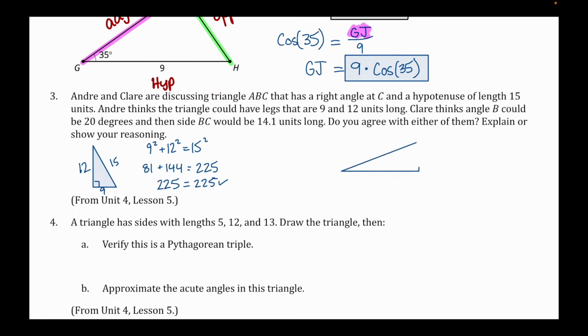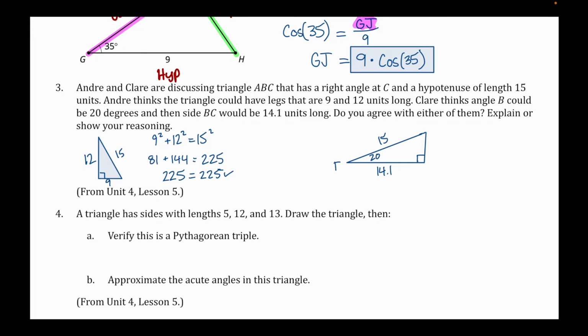Close enough there. And we'll make our triangle here. Okay, so if this is our 90 degrees, we could have the hypotenuse is still 15, and she said BC would be 14.1, and that this would be a 20-degree angle if this is angle B. And so A would be here.